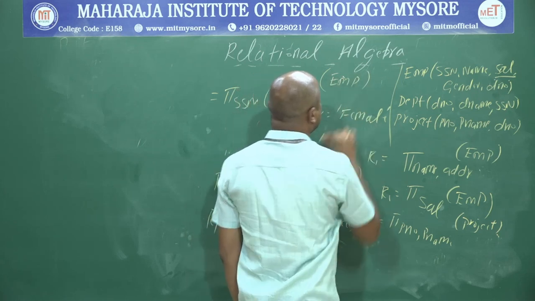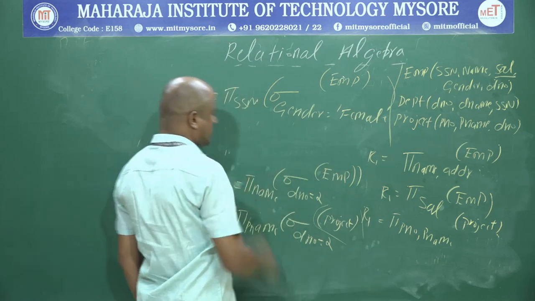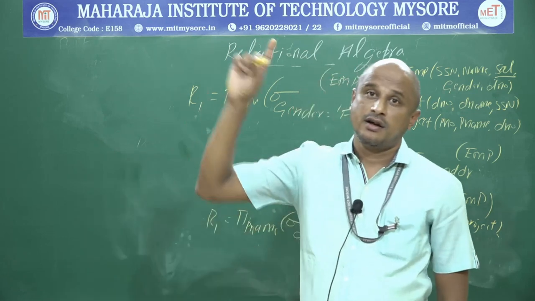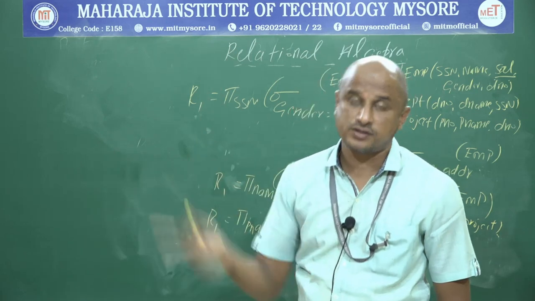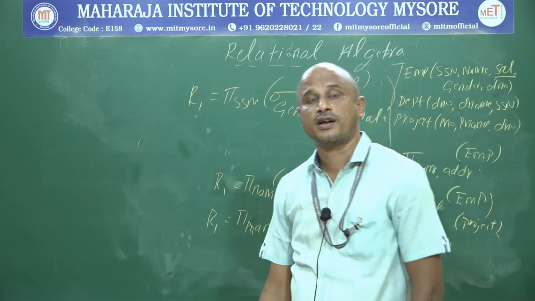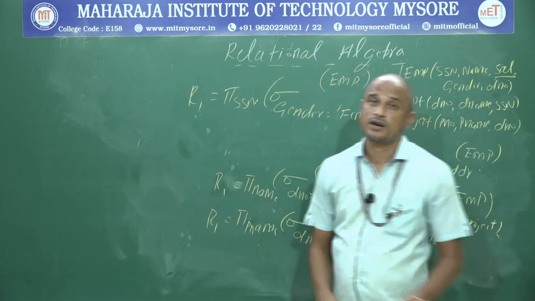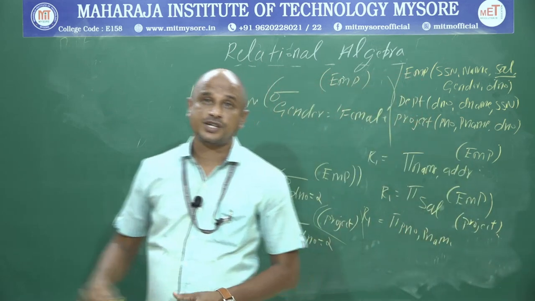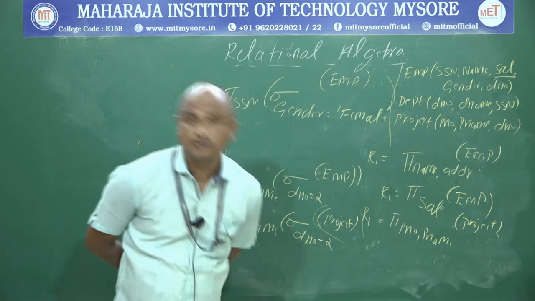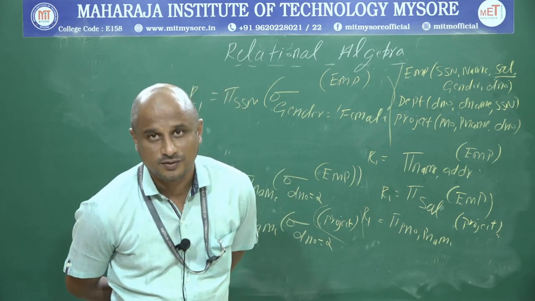From which relation? From the employee table given. So R1 contains SSN, applying the condition that gender is female. So the female SSN is retrieved from the employee relation and contained in R1. So this is a simple projection, selection, and combination of selection and projection for a relational database.